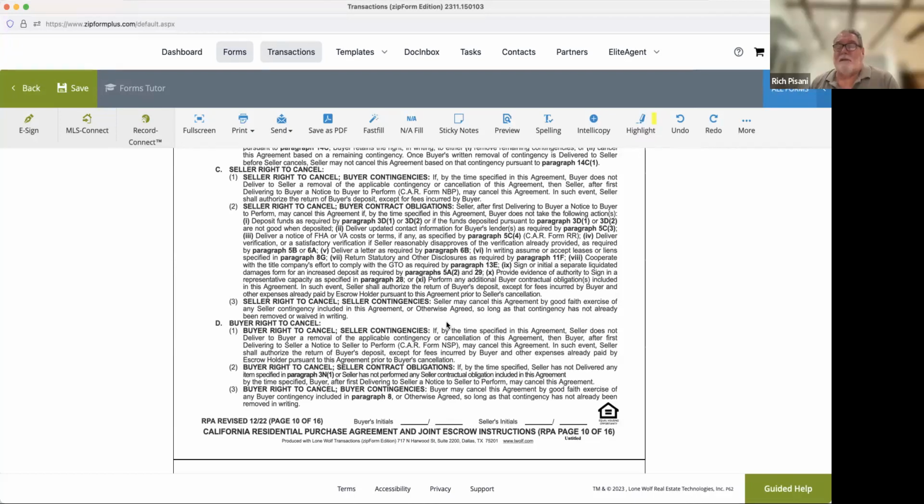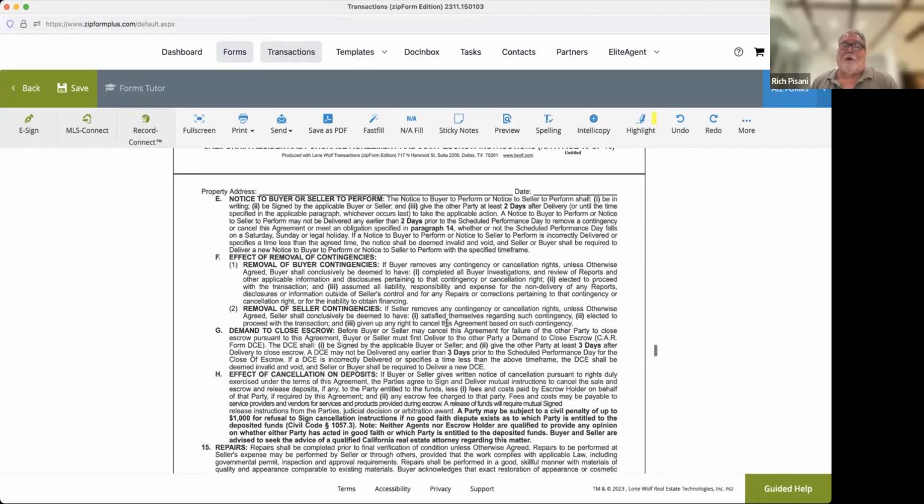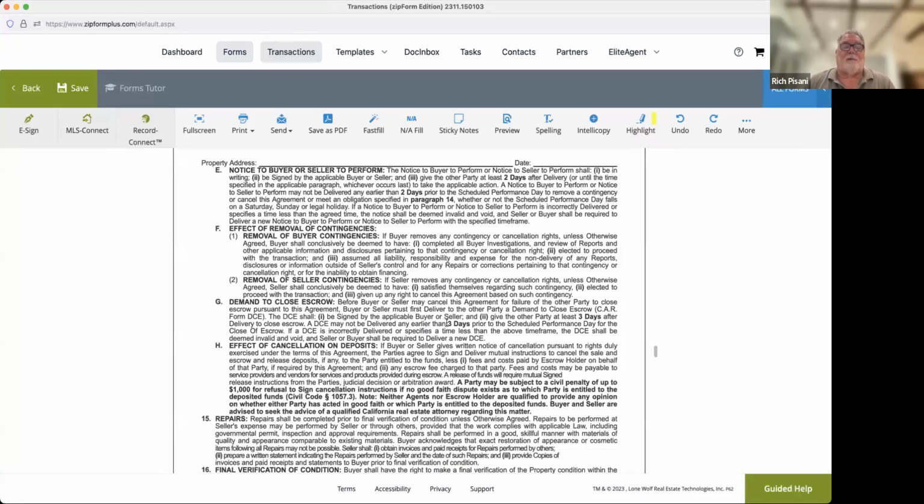Notice to perform. Yes. We can't just cancel without giving them the notice. We're going into notice to perform on the next page. Okay. So notice to perform, notice to buyer or seller to perform. So you must first give the buyer, if they're not performing, a notice to perform.